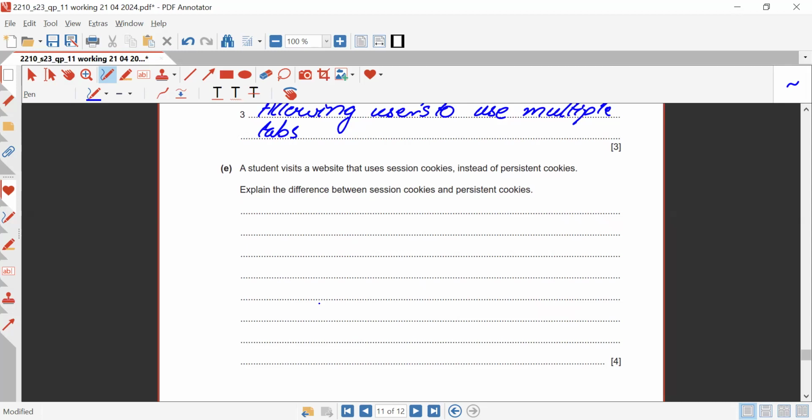Session cookies are temporary, whereas persistent cookies are permanent. Session cookies are mostly utilized in online shopping and stuff like this. Persistent cookies won't be lost, so you can write it down in this manner.